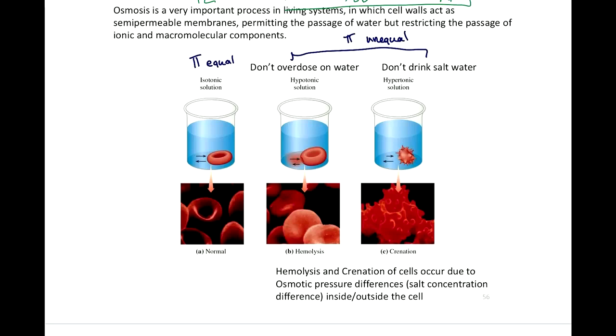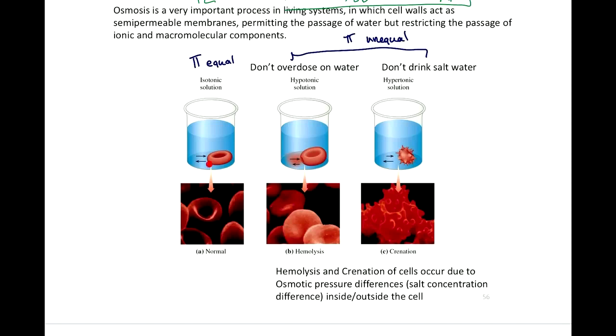When everything's the same concentration, you have the same osmotic pressure on the inside, the outside of the cell. We call this an isotonic solution, where the solution has the same osmotic pressure as our blood, and that is what's in an IV bag, solutions that are salty enough to have the exact same osmotic pressure as the fluids in our body, all right?